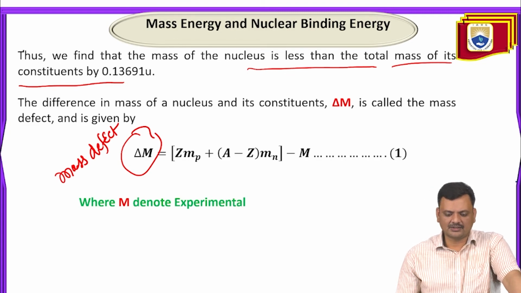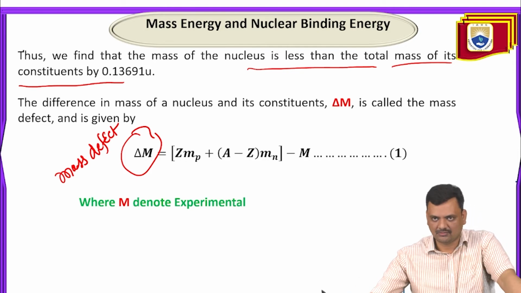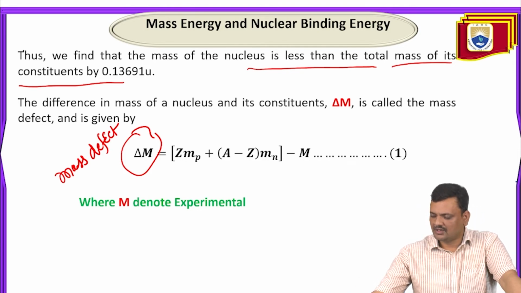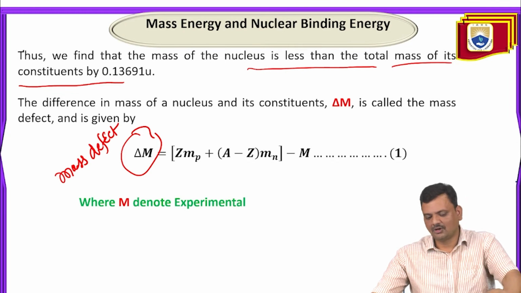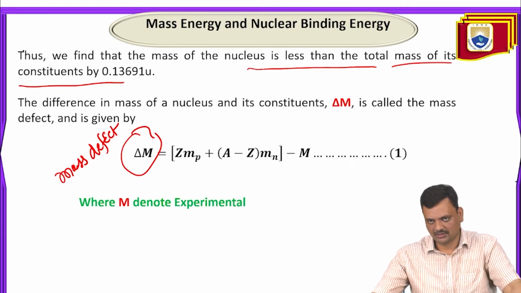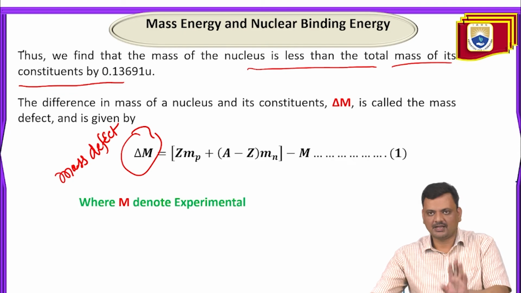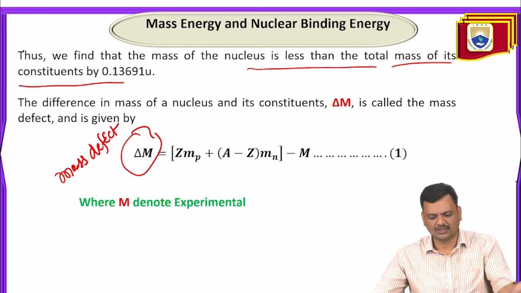Delta M is what? Z means atomic number, and Mp is the mass of a proton. Why? Because the number of protons is the same as the atomic number. So how many protons? Z, and the mass of one proton. If you multiply it, we get the total mass of protons present in the considered nucleus.